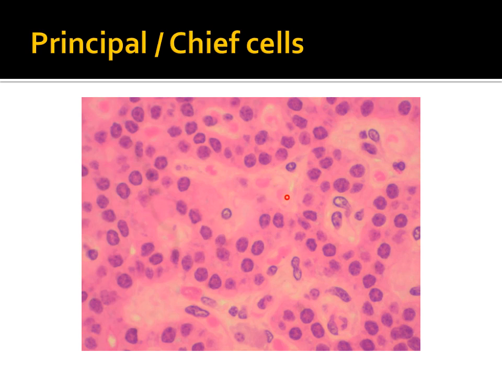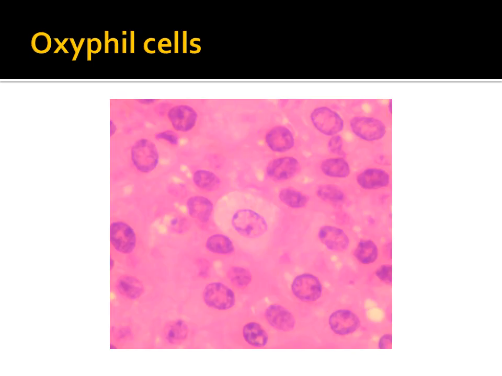Among them are the oxyphil cells. This shows one of the cellular compositions having no secretory granules, lightly staining with clear cytoplasm. These are the oxyphil cells. So this is the whole.